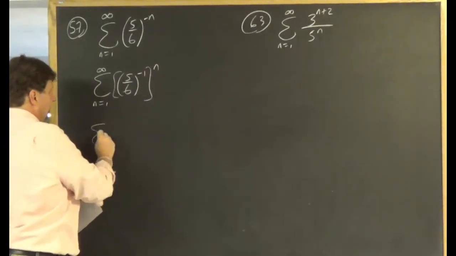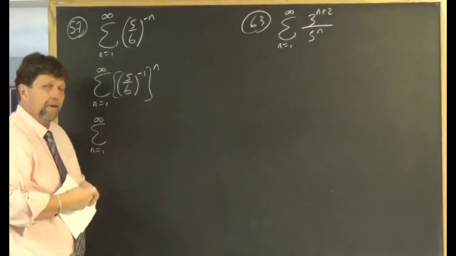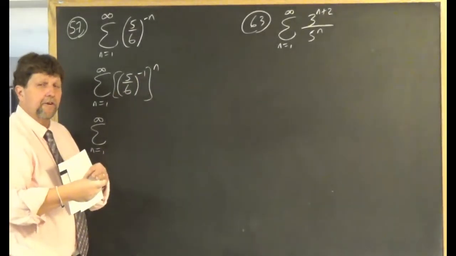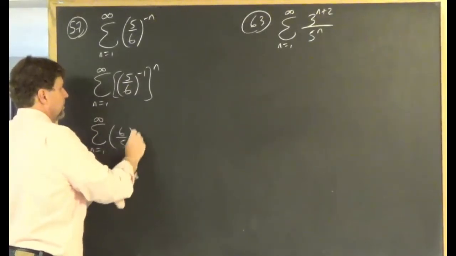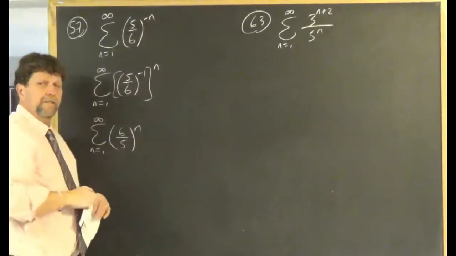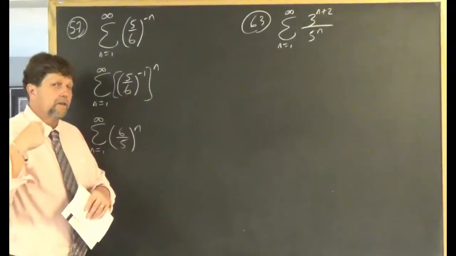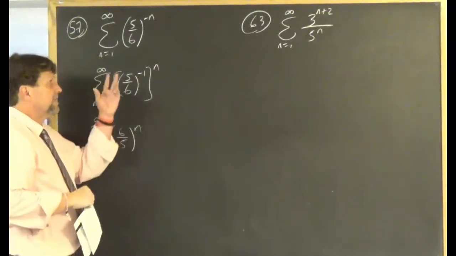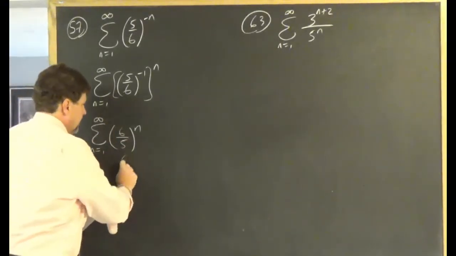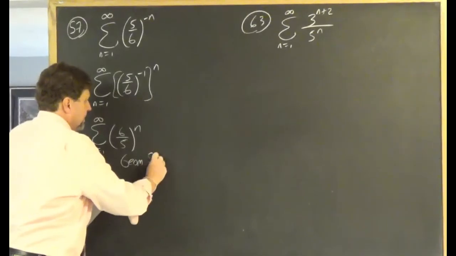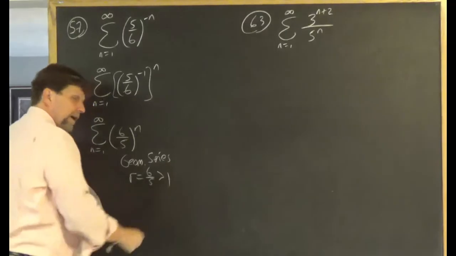And then based on that last one we just did, 5/6 to the negative first, that's the same thing as 6 over 5. So 5/6 to the negative n is really the same thing as 6/5 to the n power, which is now very friendly. Just needed some algebra, rules of exponents, to rewrite it so we can see it's a geometric series. r is 6/5, which is greater than 1.